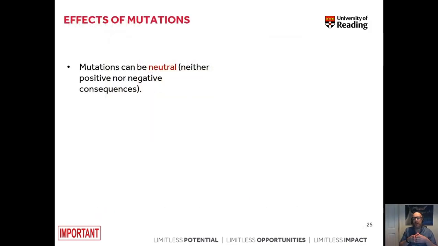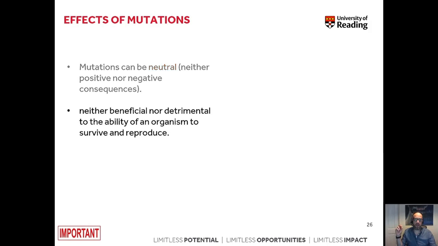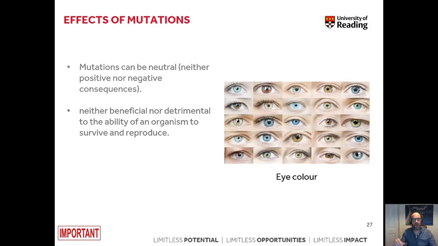So, what are the effects of such permanent changes in our genetic information? First of all, mutations can be neutral. They can have neither positive nor negative consequences. This type of mutation is neither beneficial nor detrimental for the ability of an organism to survive and also to reproduce. And a very good example of such neutral mutations is the eye color.